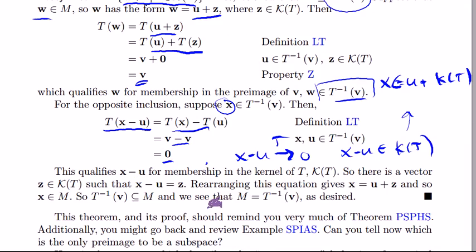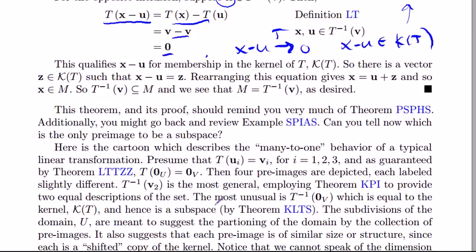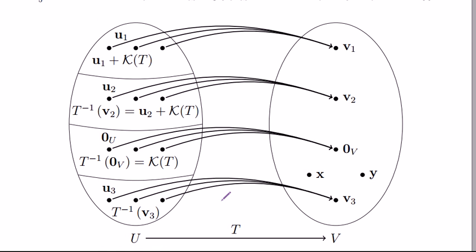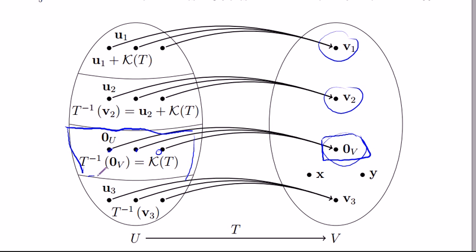All right. Now there's a picture down here that's illustrative, and I think it's very good to see. Here are all of the vectors in the range. Let's look in particular at 0. Now, if the mapping is not injective, there may be many vectors that map to 0. All of these vectors map to 0, so I can say this slice here is T inverse of 0. Now let's consider a different vector here.